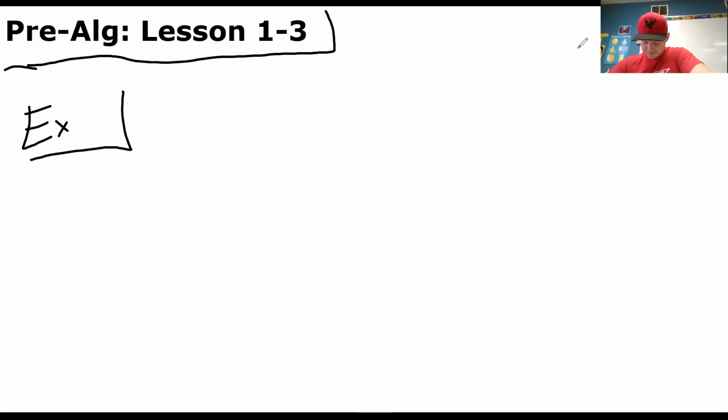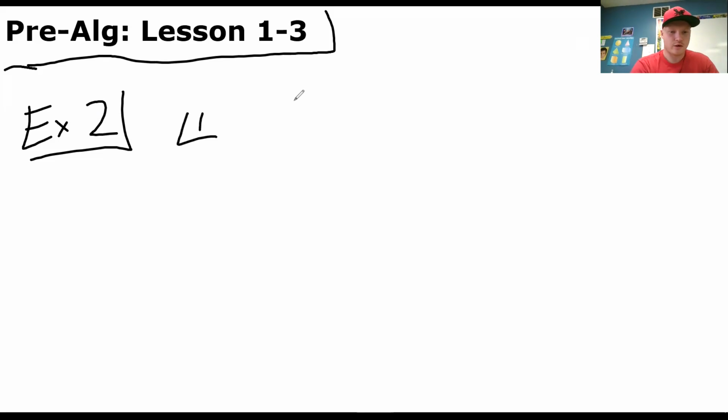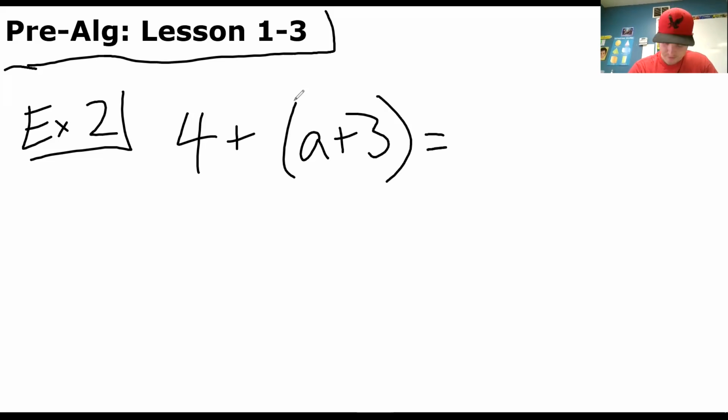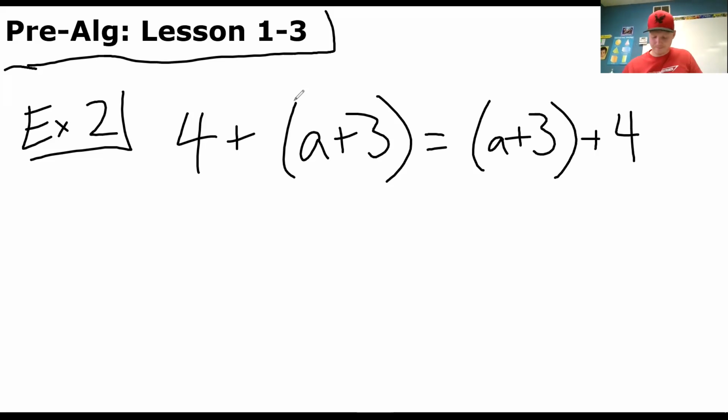Example number 2 wants you to identify which property it is. Example 2 at the bottom of page 19: we have 4 plus a plus 3 equals a plus 3 plus 4.